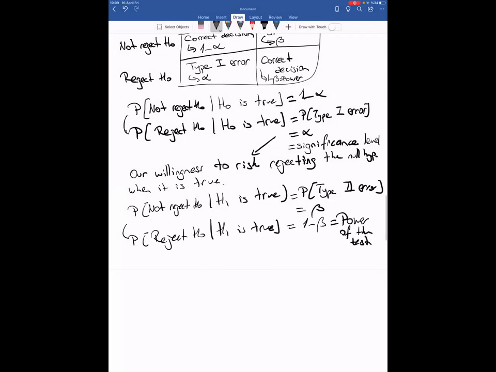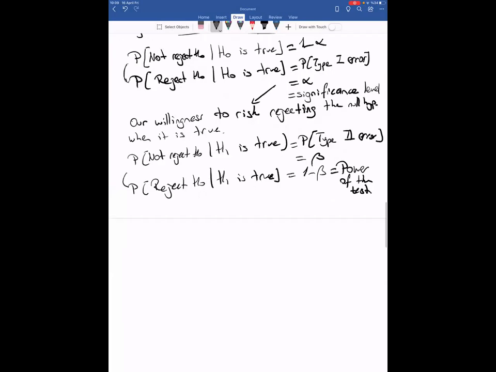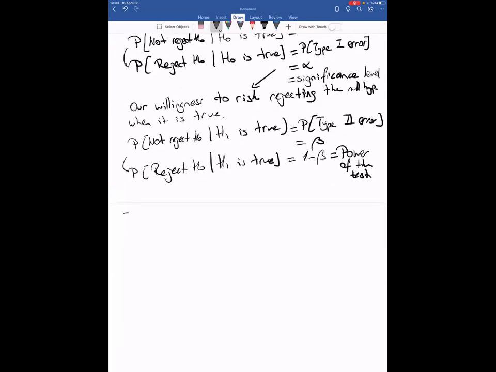Okay. So basically we can derive everything under pi theta. This is also named as pi, but the general definition of the power function of the test is defined for all theta values in the parameter space.